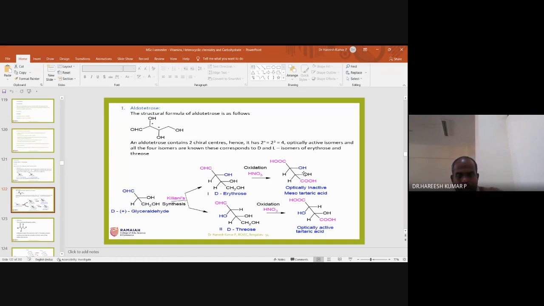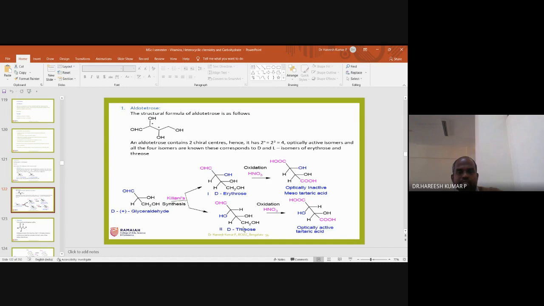This is about it. Now tell me, is there any doubt in the determination of configuration of aldotetroses? So here we are taking glyceraldehyde subjected to Kiliani-Fischer synthesis. We are getting erythrose as well as threose.